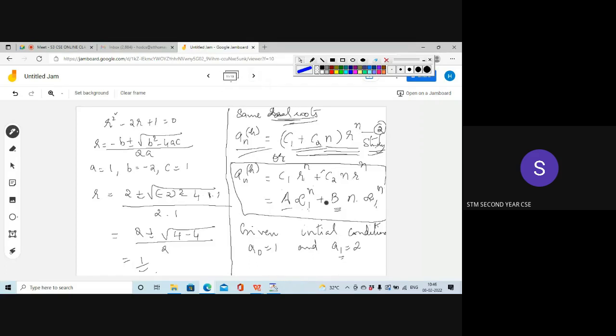I had used A and B instead of C1 and C2 here. A is same as C1, and B is same as C2. Instead of this formula, I just used A instead of C1 and B instead of C2, and you can use this formula also. This formula is also the same as equation 2.